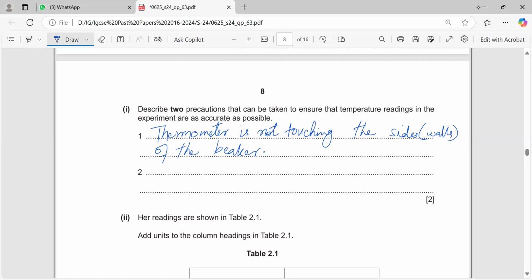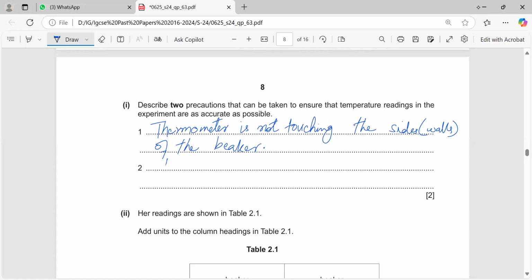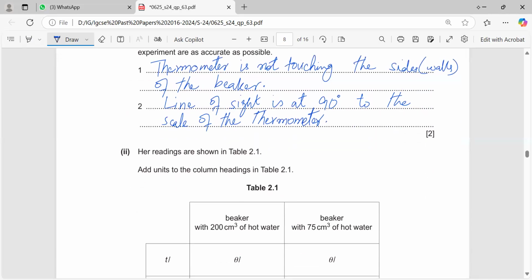Secondly, we can say line of sight. You have to measure it. Very common statement: the line of sight is at 90 degrees to the scale of the thermometer.